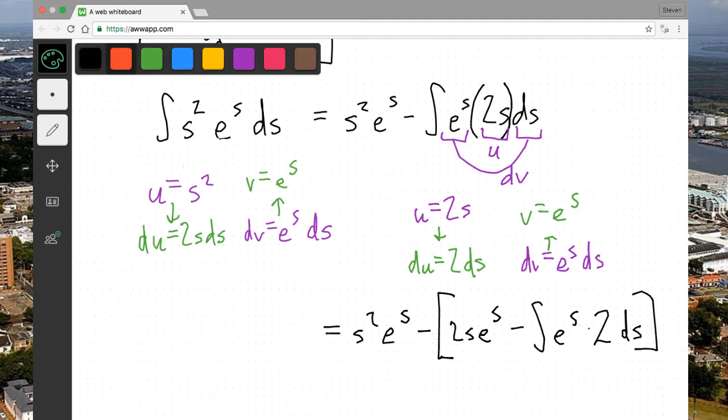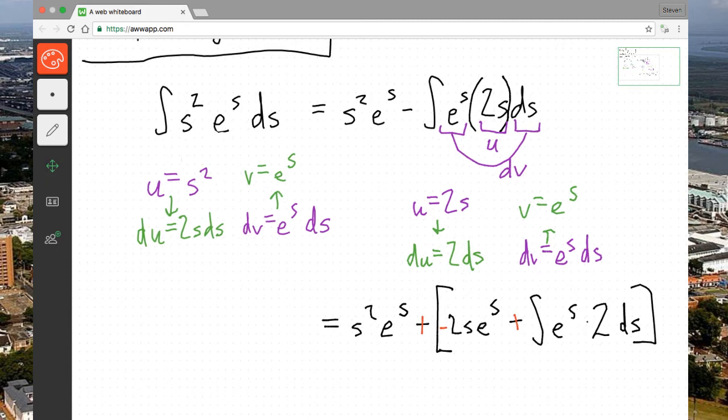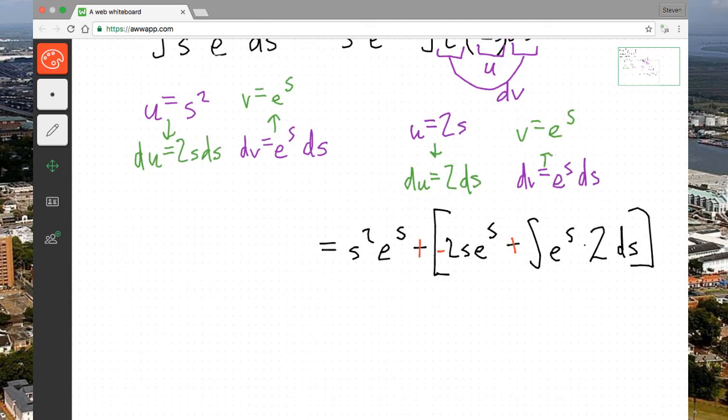And then once we've done that step, we can distribute the negative here to get negative and positive. And finally, this last integral is something we can integrate directly because it's just a constant multiple of 2, so it can just come down.